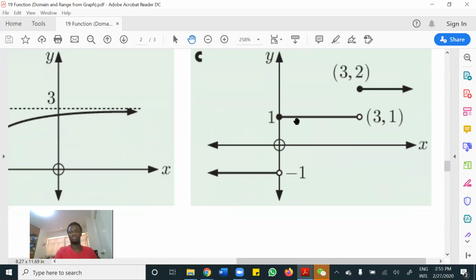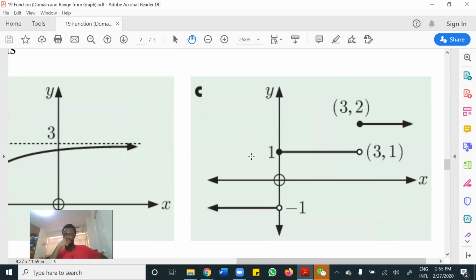So the domain will be the set of real numbers X. And then the range will be the set of real numbers Y such that Y equals -1, 1, or 2. That's it. Now, why is it all real numbers X?